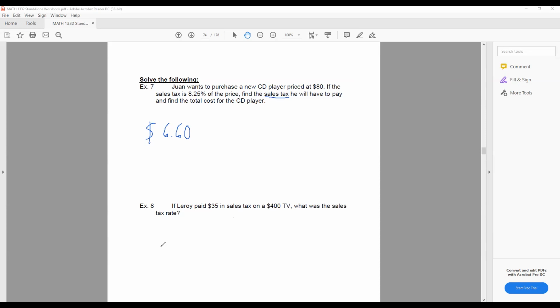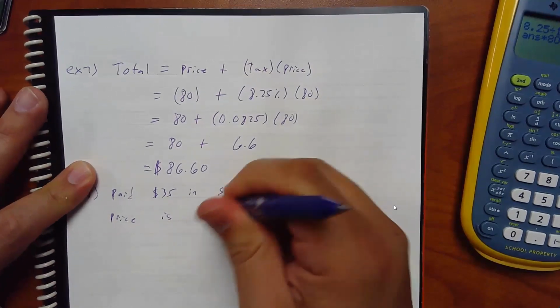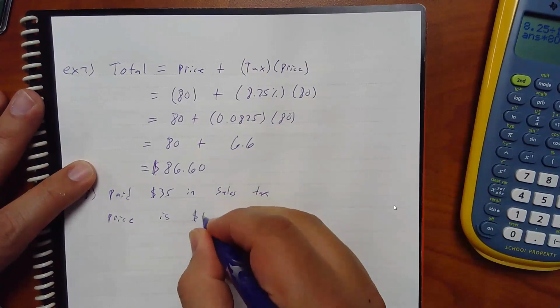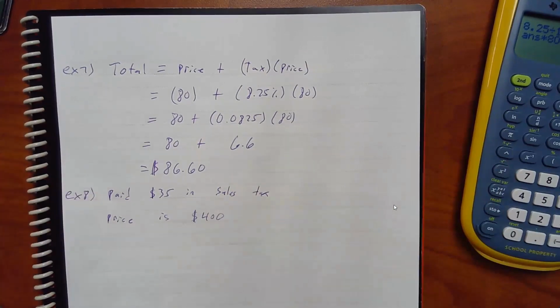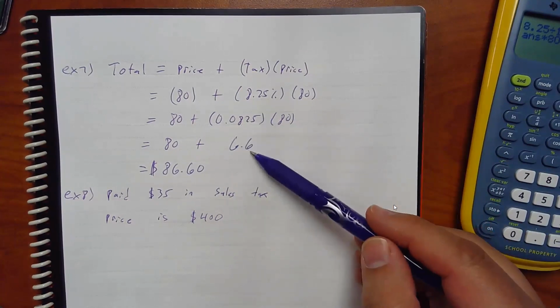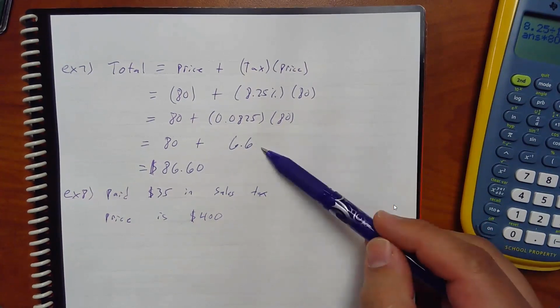Price is 400. So we know that if we multiply the tax rate times the price, we get the tax.